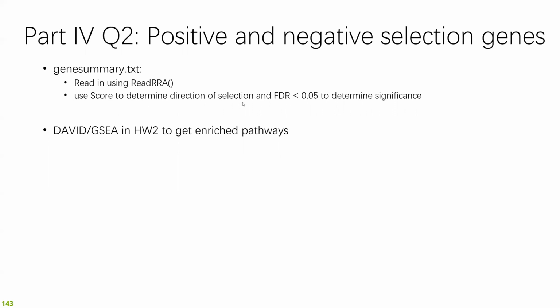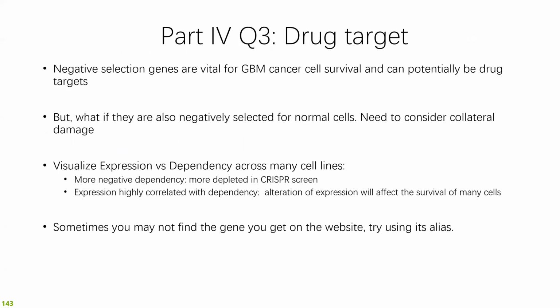And you use score to determine the direction of selection and FDR below 0.05 to determine the significance. And after you get the positively and negatively selected genes, you just run Bayes or gene set enrichment analysis, just like you did in homework 2, to get enriched pathways.